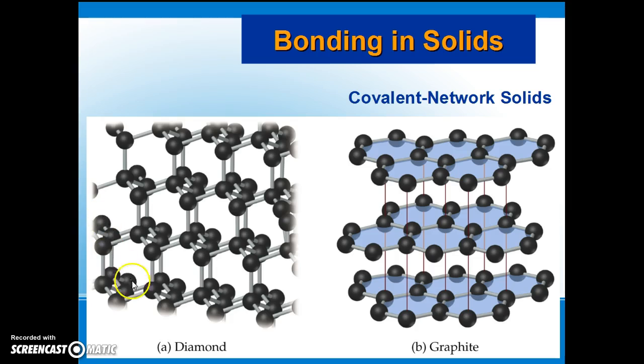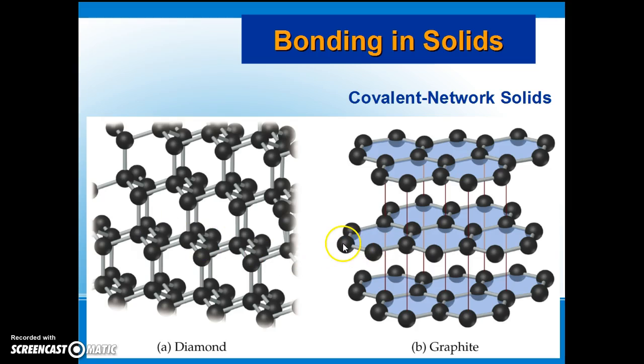In the diamond, as you can see, each one of the carbon atoms is bonded to one, two, three, four nearby carbon atoms. And those covalent bonds, like this one and this one and this one and this one, are strong, and they work three-dimensionally to hold it together.